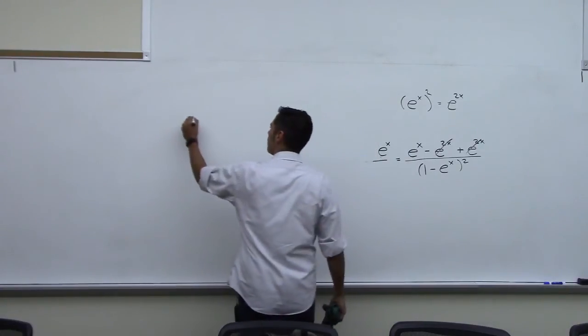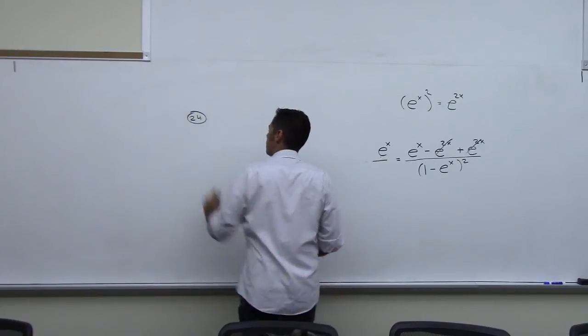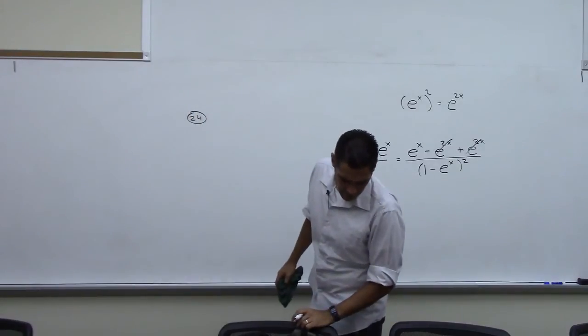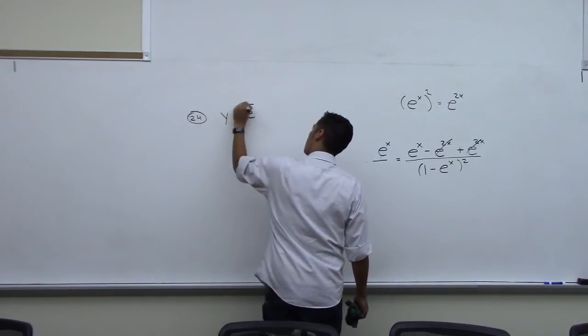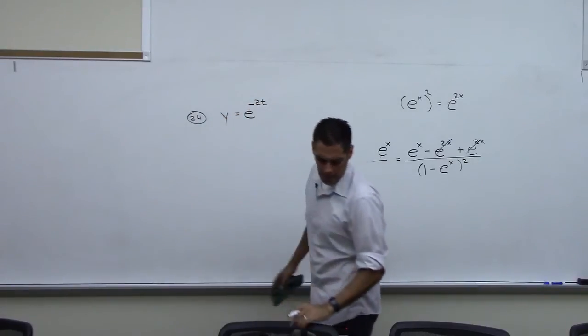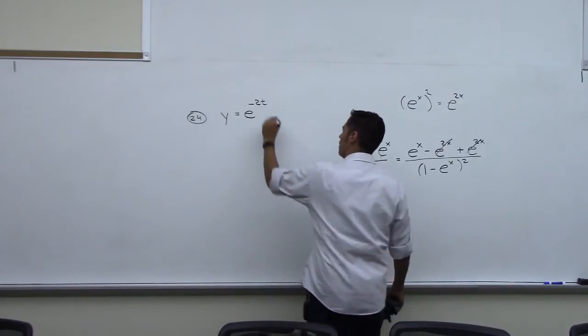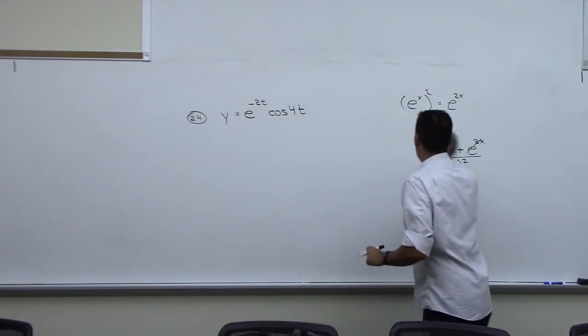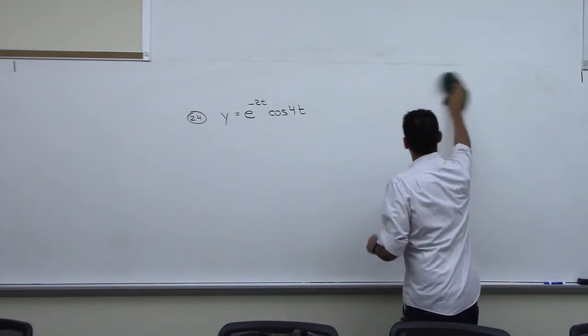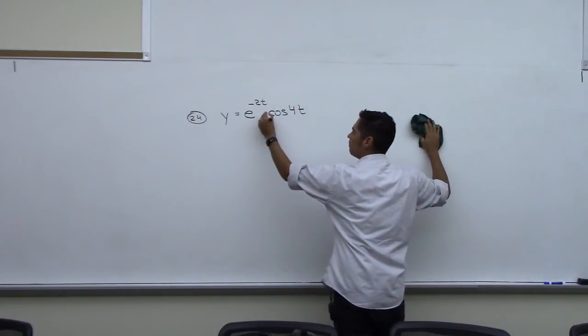24. Y equals e to the negative 2t. T is the independent variable here. Cosine 4t. Product rule. You have a product right there.